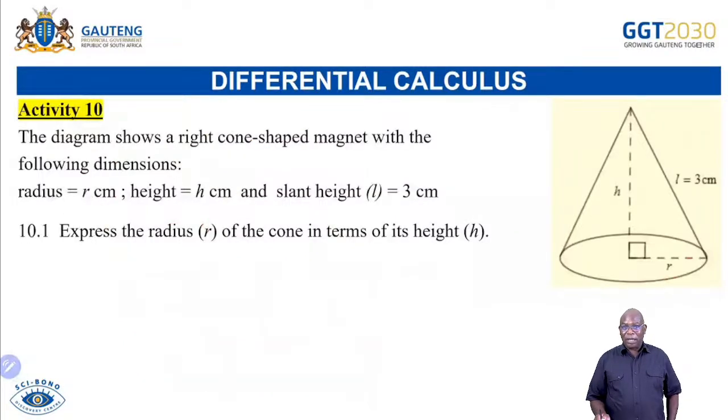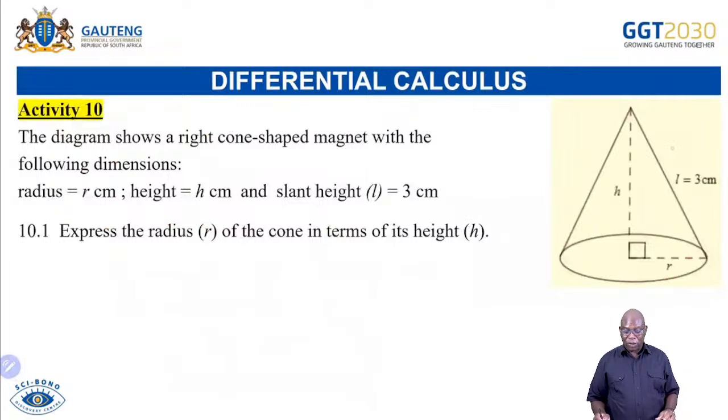Now the application of calculus, which is optimization, is the last topic that is done in term 1. So the differential calculus, application of calculus, mostly they give you the sketches or they give you information on the rate of change.